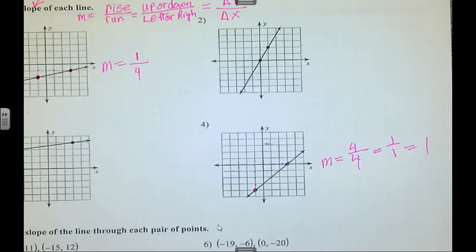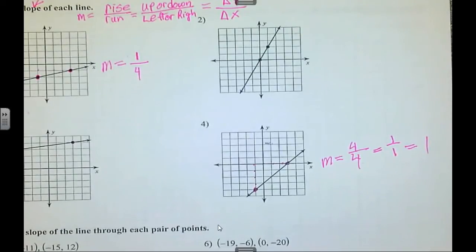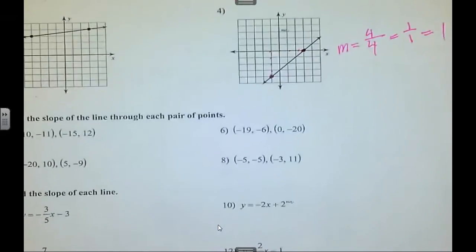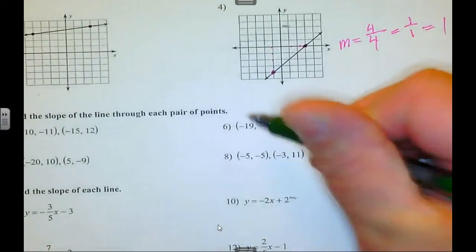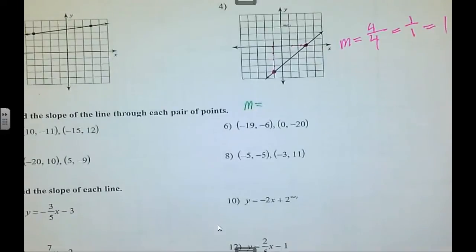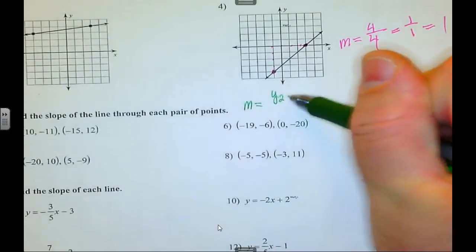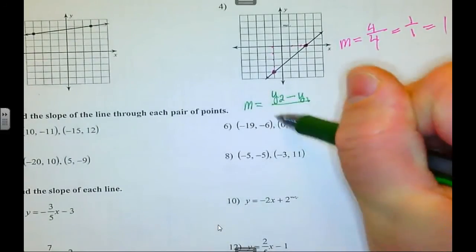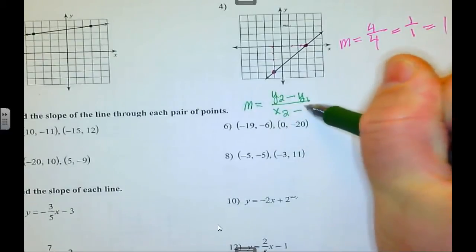If I'm given 2 points, does anybody remember the slope formula? The algebraic slope formula? y2 minus y1 over x2 minus x1.